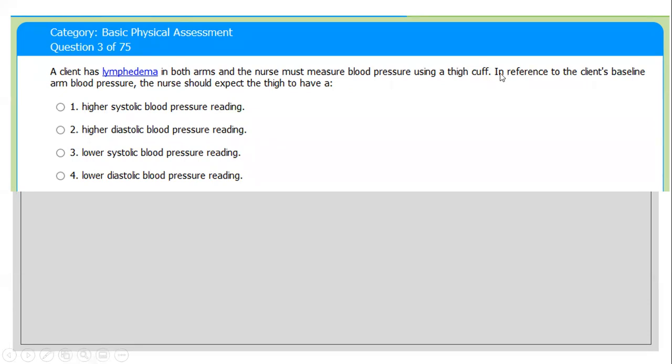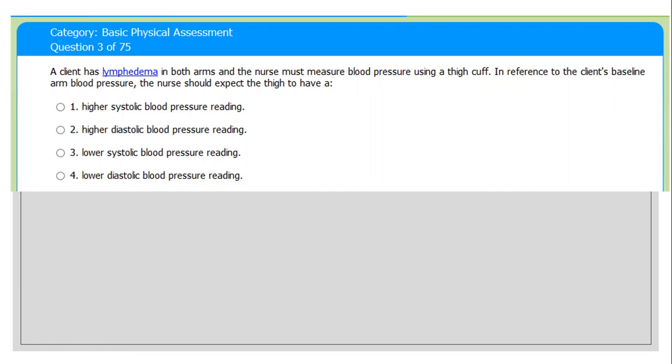In reference to the client's baseline arm blood pressure, the nurse should expect the blood pressure in the thigh to have a high systolic blood pressure, a high diastolic blood pressure, a lower systolic blood pressure, or a lower diastolic blood pressure.